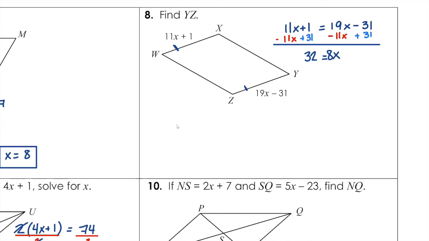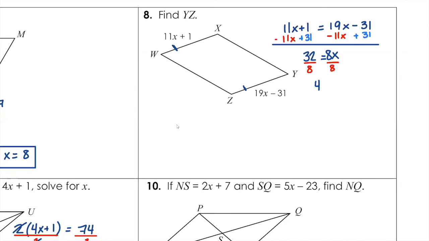Divide both sides by 8. X is 4. Are we done? No. What do we got to find? We got to plug in 4 for x so we can find the length of YZ.